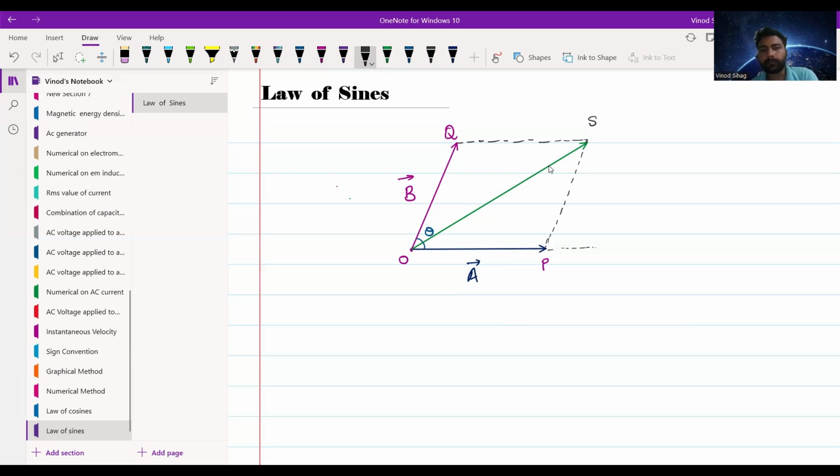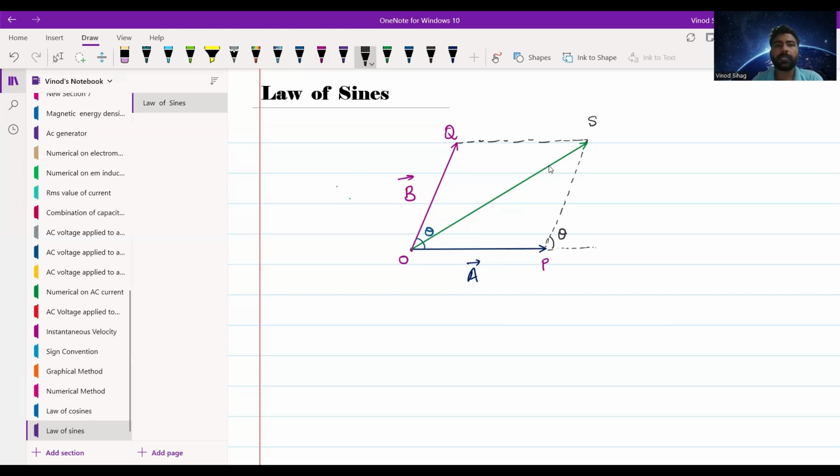So we can see that in a parallelogram, the opposite sides are parallel and equal to each other. So here OQ and PS are parallel to each other, and so the angle between the horizontal and the PS vector will be theta, similar to the earlier angle between A vector and B vector.